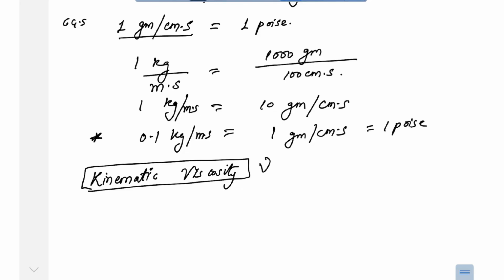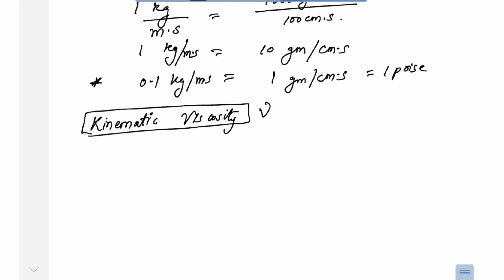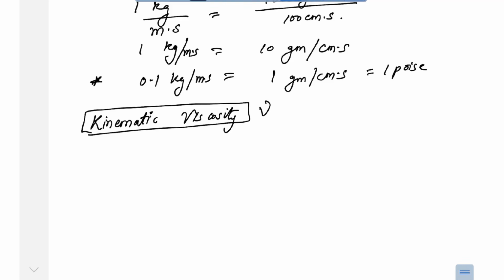Kinematic viscosity is defined for kinematic mechanics, and we also know that kinematic mechanics is independent of the basic reason of motion, that is force, or the mass. So to make the viscosity independent of mass, divide the dynamic viscosity by the basic reason for mass, which is density.